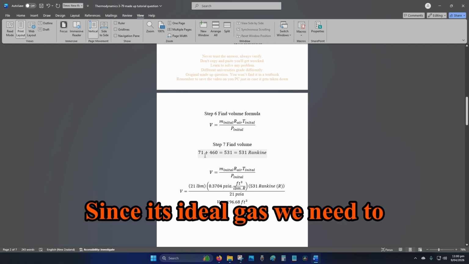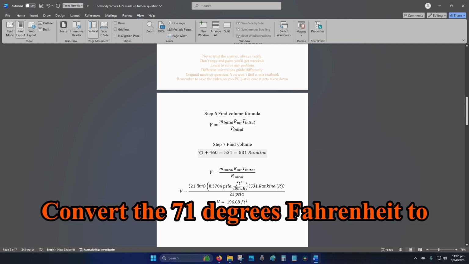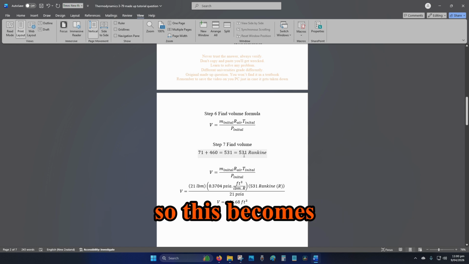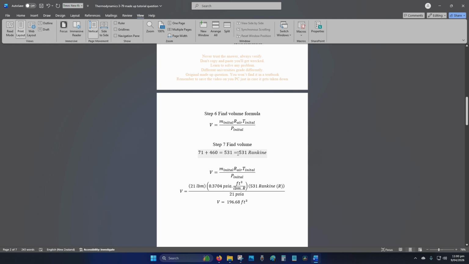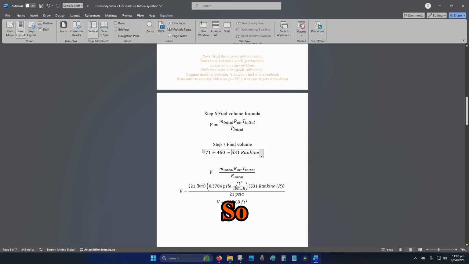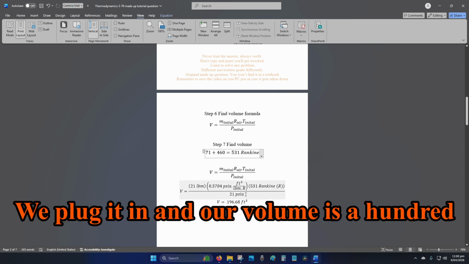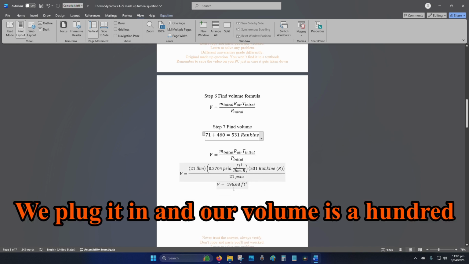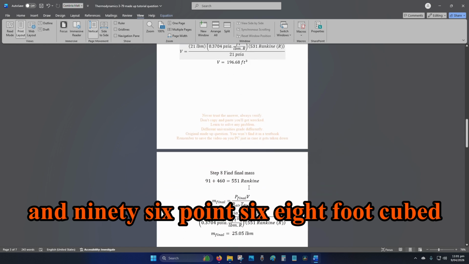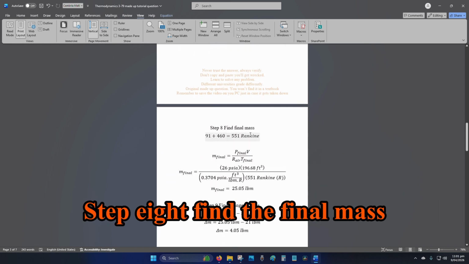Since it's an ideal gas, we need to convert the 71 degrees Fahrenheit to Rankine by adding 460. So this becomes 531 Rankine. We plug it in, and our volume is 196.68 foot cubed.